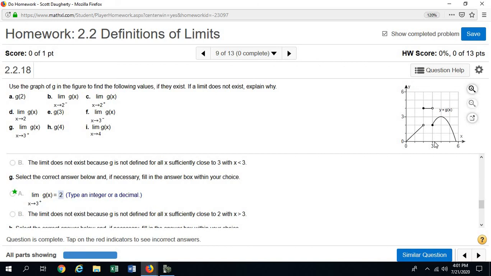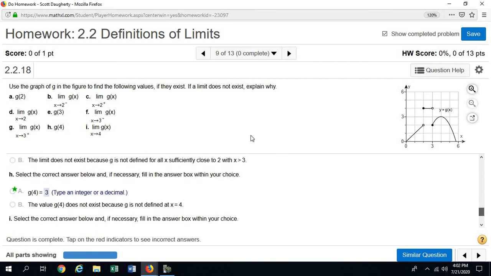And if you were going to get closer, like maybe 3.2, the y value that comes out is a little bit closer to 2. And in fact, if you plug in like 3.1, you get even closer to 2. So it appears that as x gets closer to 3 from the positive side, the y values appear to be dropping down towards 2. And so that's why this limit is 2.